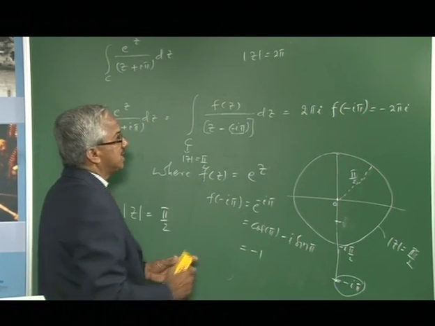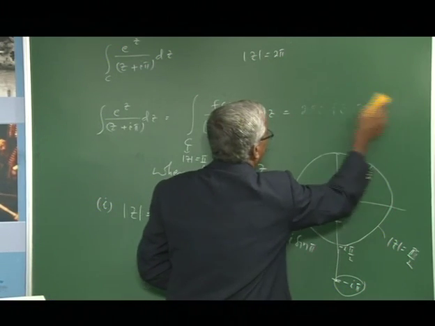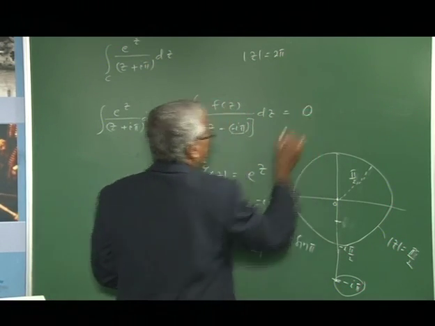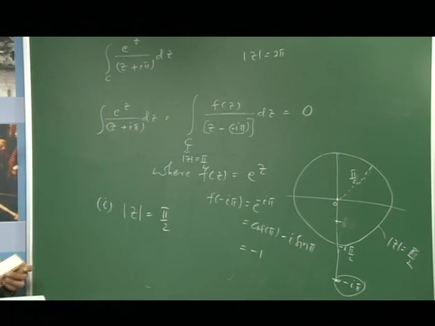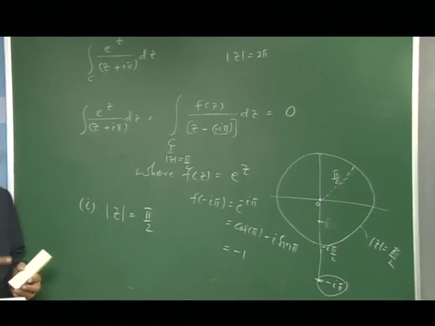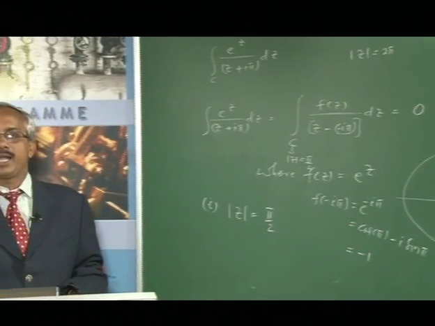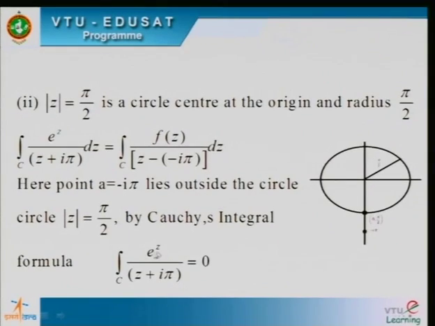Therefore, as per Cauchy's theorem, it is a very simple result, it is equal to 0. So this follows the second condition, because the point minus i pi lies outside the circle.